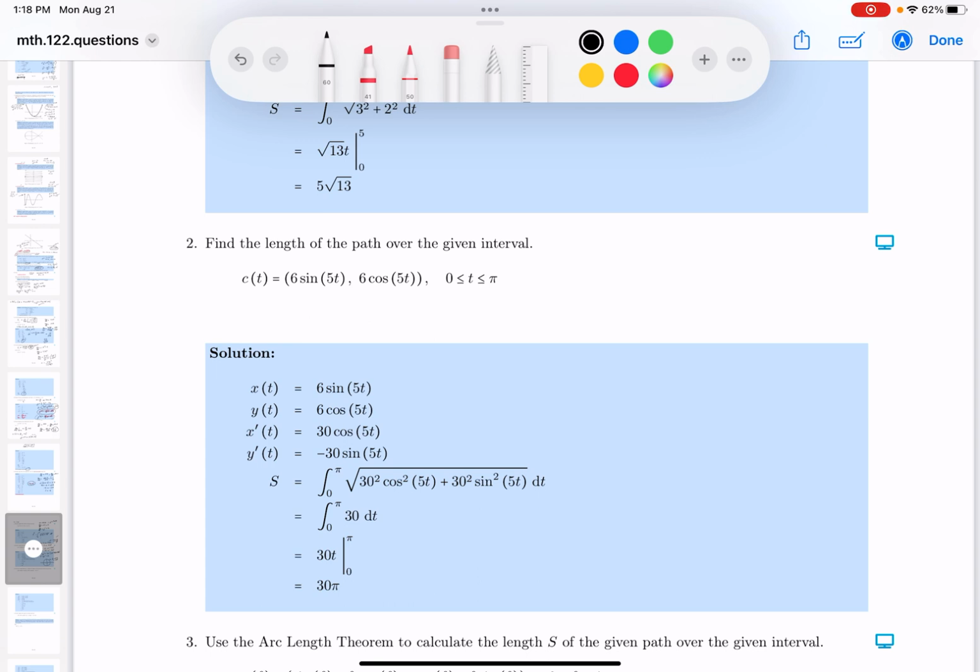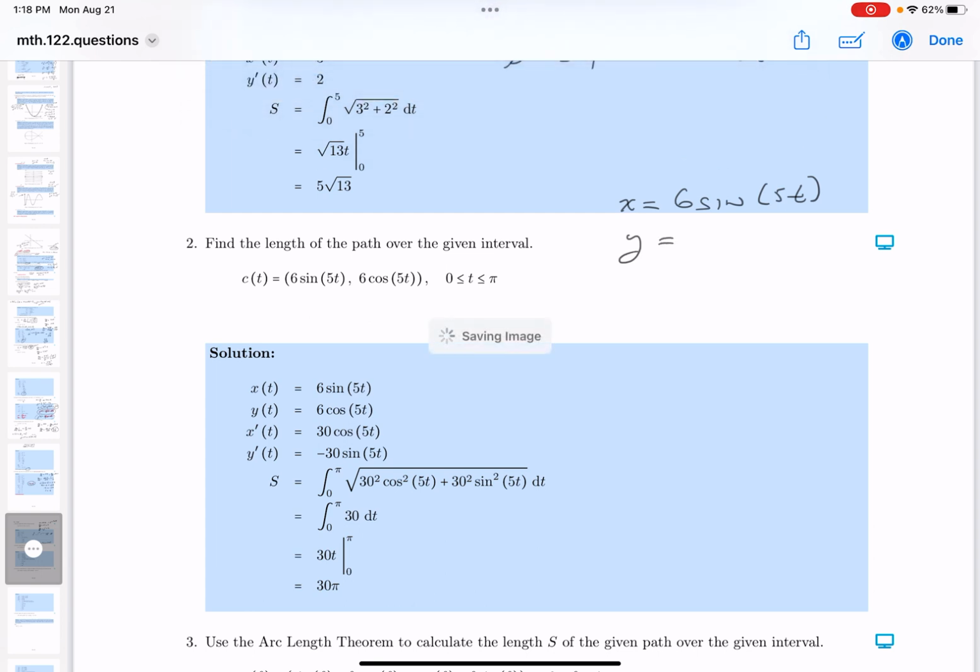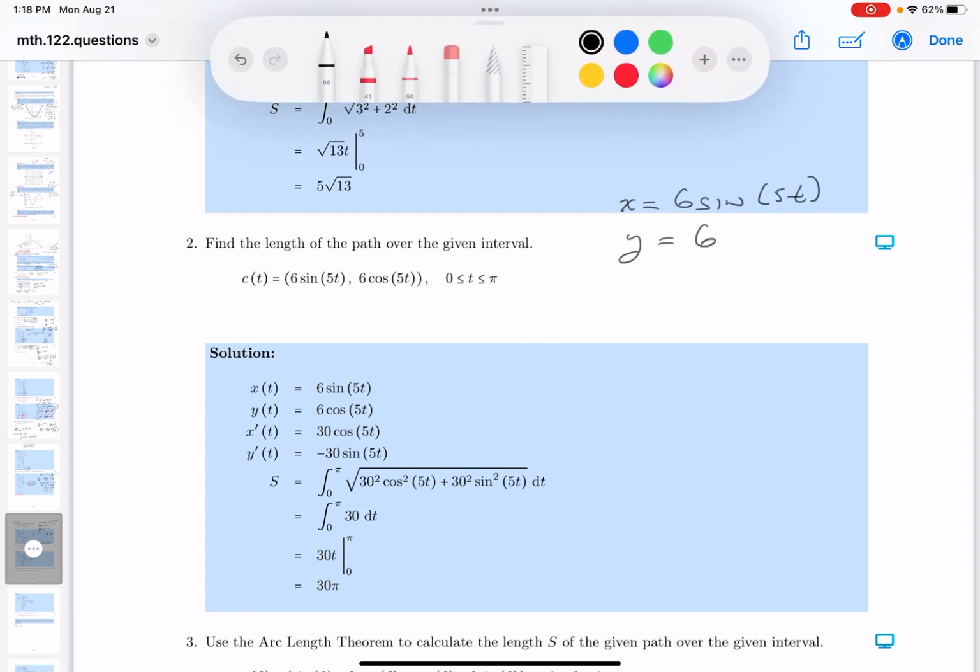So I'm going to say x equals 6 sine 5t. I'm doing the calculus now. And y equals 6 cosine 5t. dx dt.